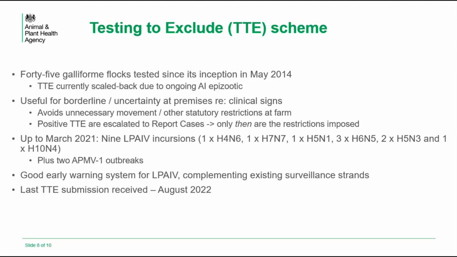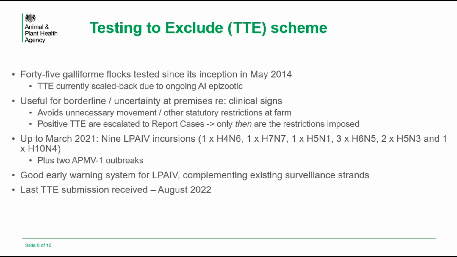This was set up almost 10 years ago on chicken and turkey flocks, where the owners and the vets are detecting a flock and production problem, but it's probably not high path. We receive the swabs for testing, and positive PCR results are then escalated to report cases.